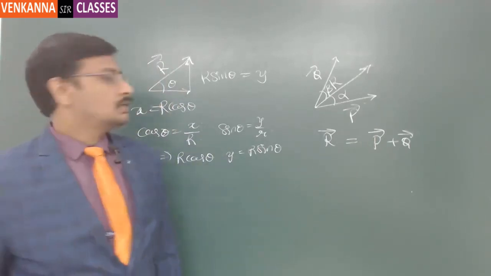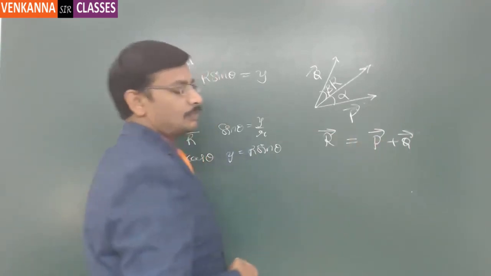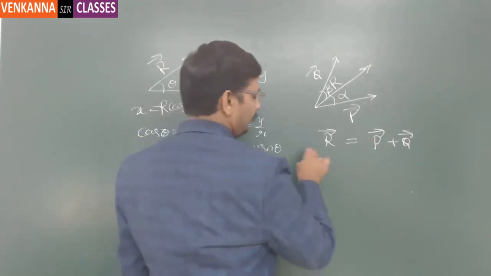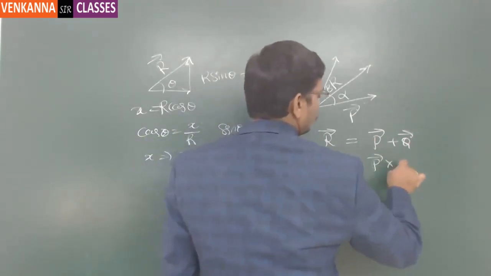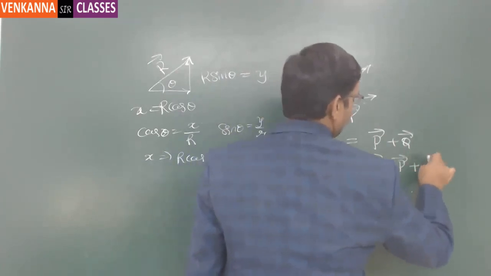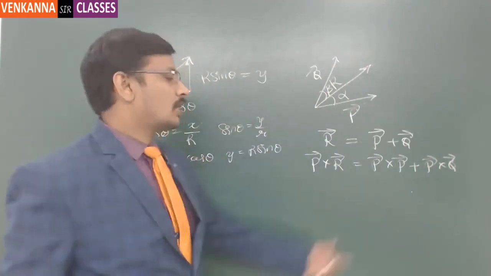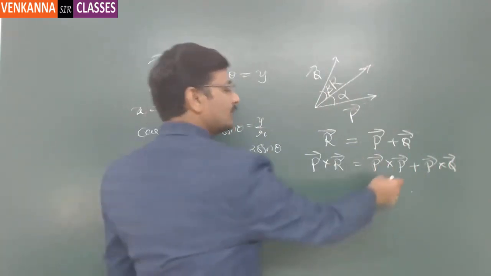Shifting the base may not be useful, so let us see this approach. Suppose I take the cross product with p on either side: p cross r equals p cross p plus p cross q. The cross product of a vector with itself is always 0, so you can replace that with 0.